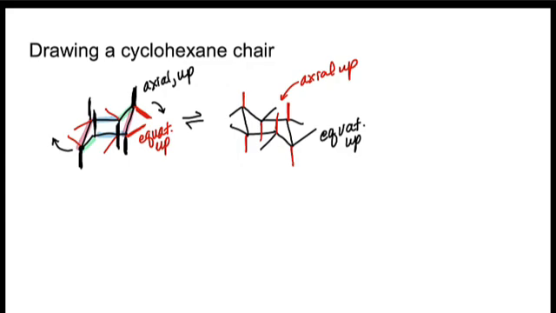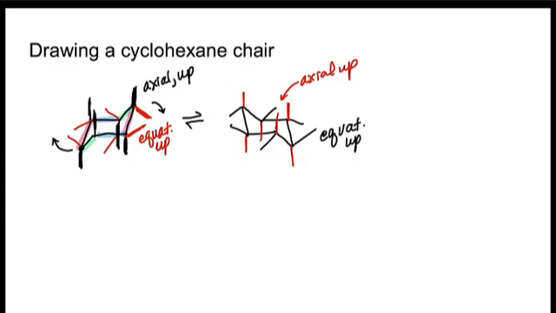Okay, so when you do a cyclohexane chair ring flip, you are not changing the upward or downward orientation of the bonds. When axial goes to equatorial, if it was pointed upward, it's still going to be pointed upward.